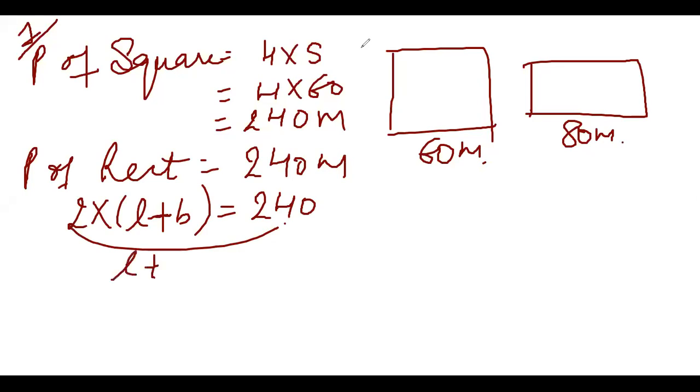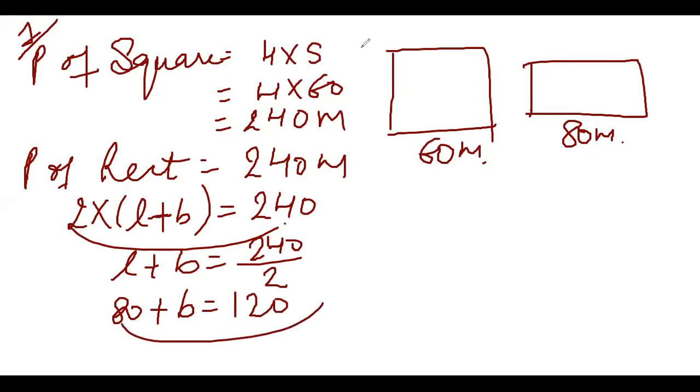So length plus breadth is equal to 240 divided by 2. Length is given 80 here. Breadth you are to find out is equal to 120 minus 80, which is equal to 40 meter.